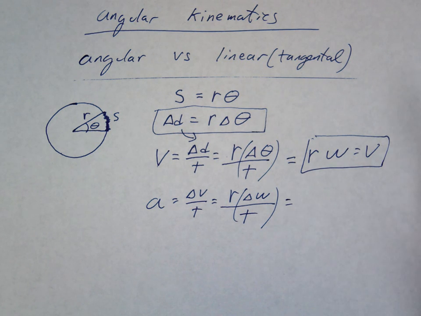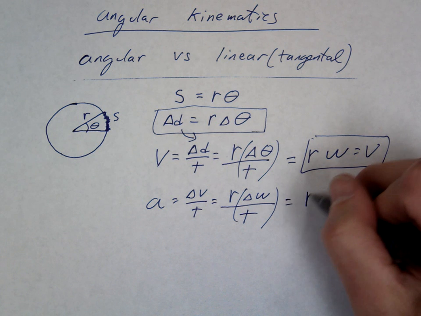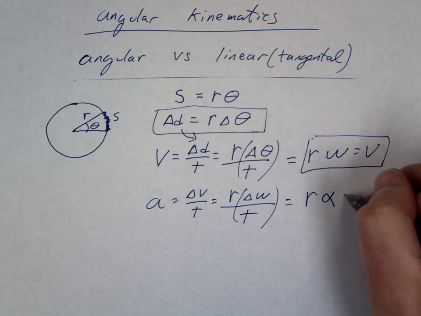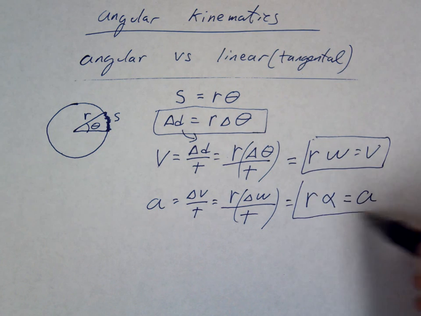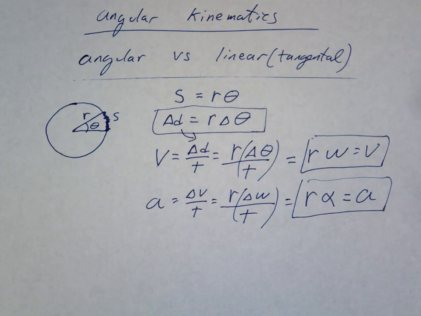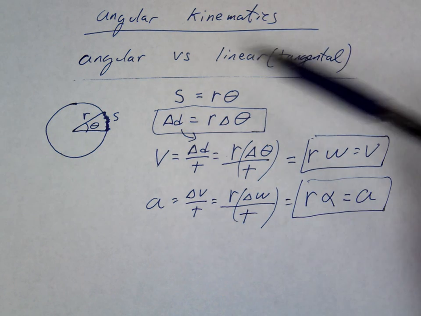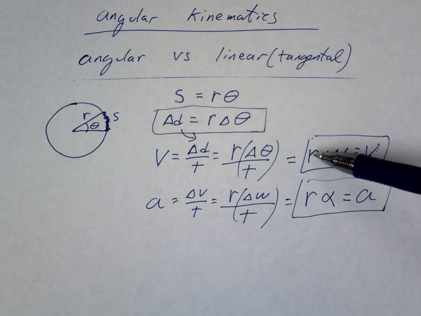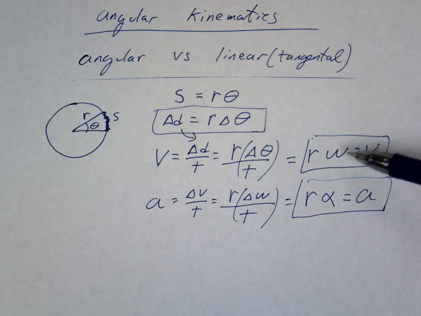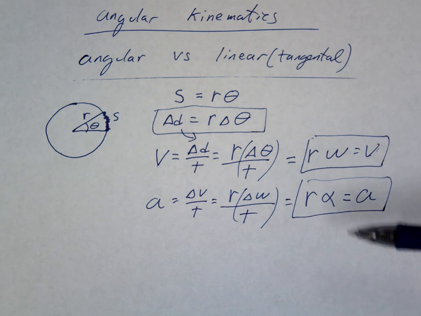Angular acceleration, right? So we could write that as r alpha equals a. So notice the relationship between angular and linear is very straightforward, right? All you're going to do is multiply by the radius. So to find the velocity, you would multiply the radius times the angular velocity, and so forth. Okay? So that's pretty straightforward.